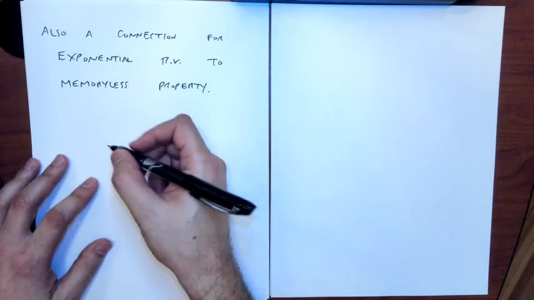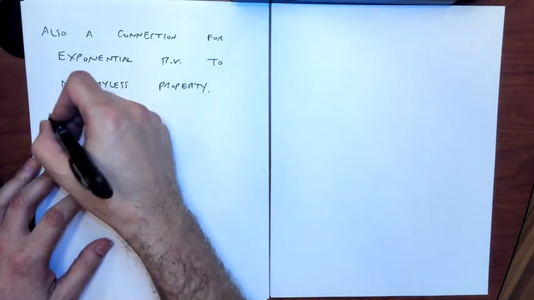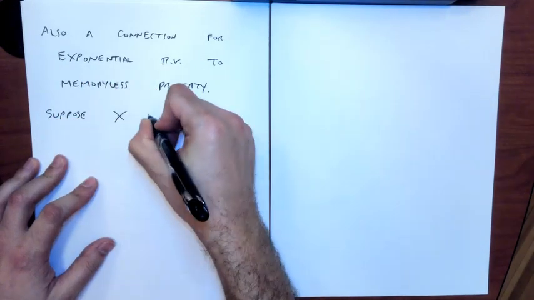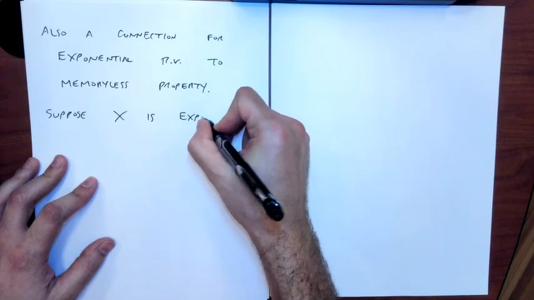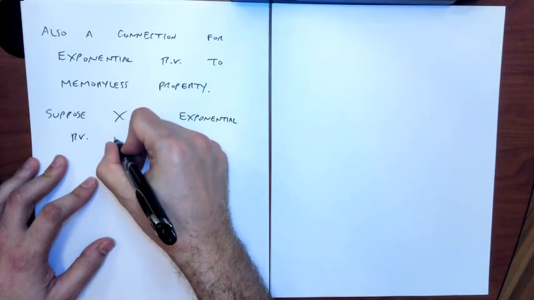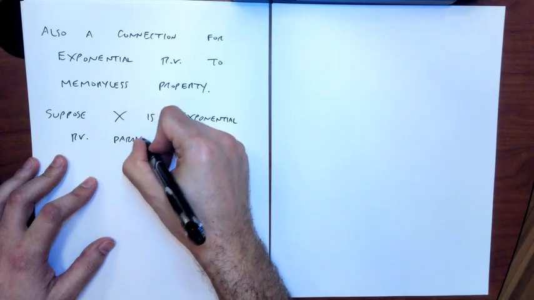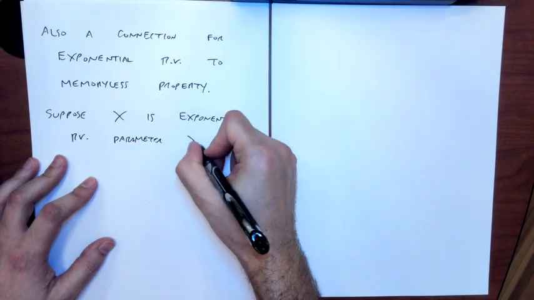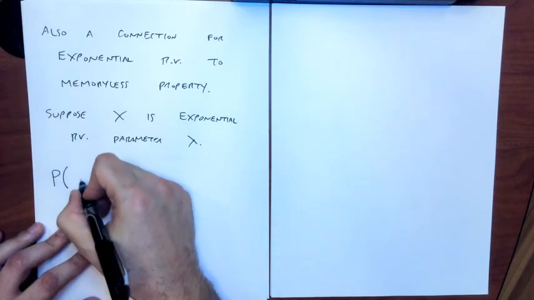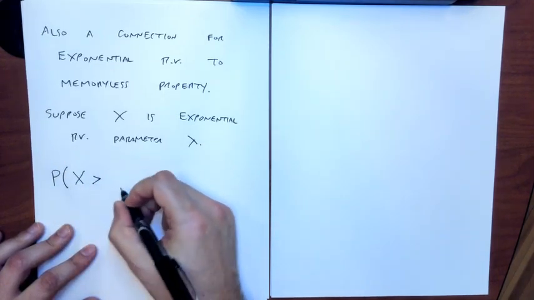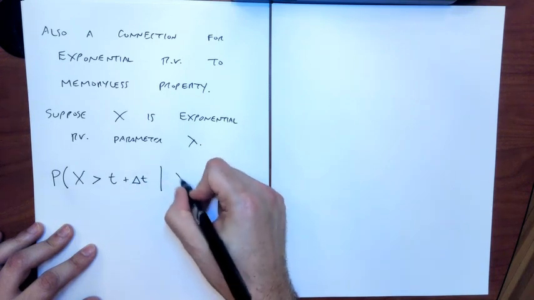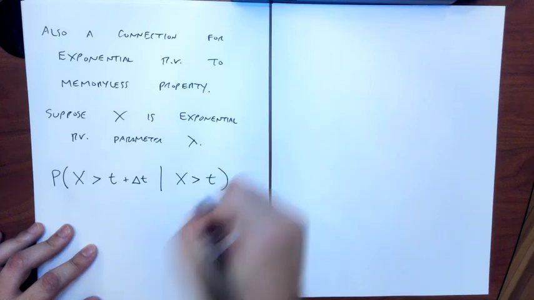So, for example, I may ask, suppose that x is an exponential random variable with parameter lambda. And now I want to ask, what's the probability that x is greater than, say, t plus delta t, given that I know x is greater than t, right?